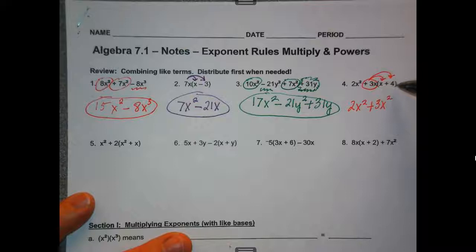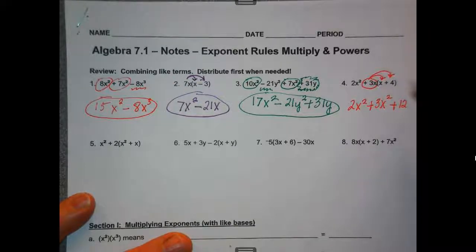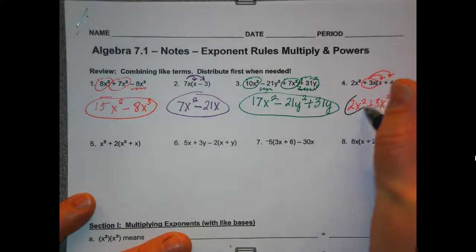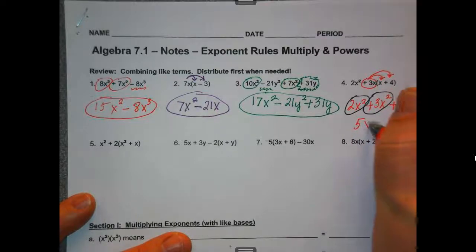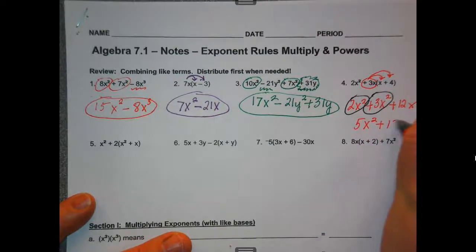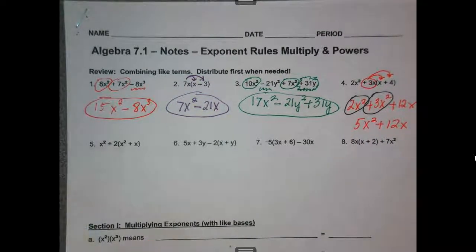Positive 3x times 4 is positive 12x. Like terms. See, we've got a 2x squared. 3x squared gives me a 5x squared plus 12x.